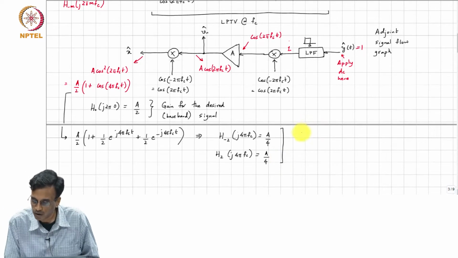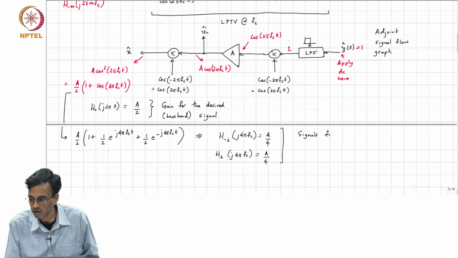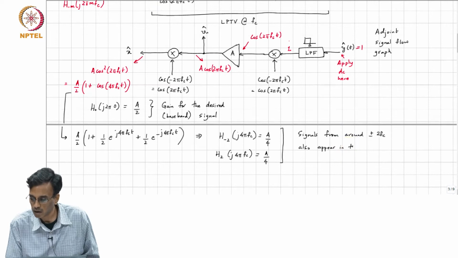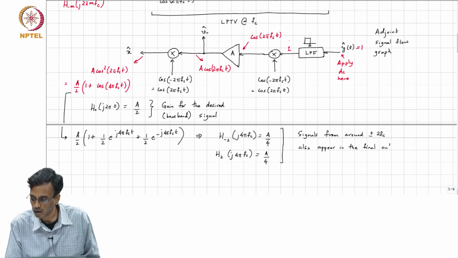So, signals from around plus minus 2 FC also appear in the final output.